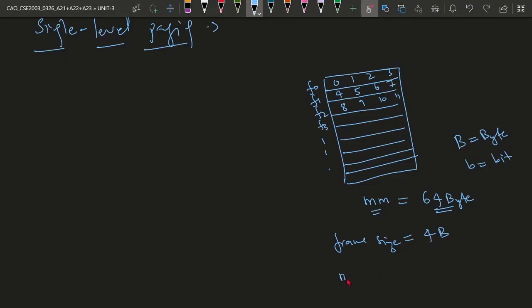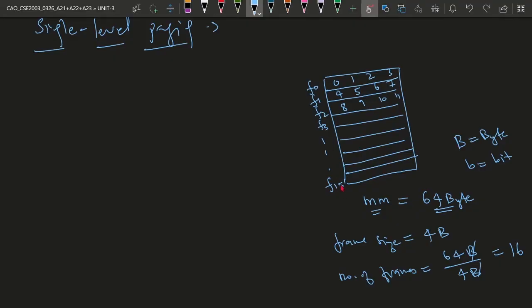So the number of frames will be 64 byte divided by the size of each frame, which is 4 byte. Byte cancels byte, giving 16. That means 16 frames will be there in this main memory, starting from frame 0 to the last one, frame 15.